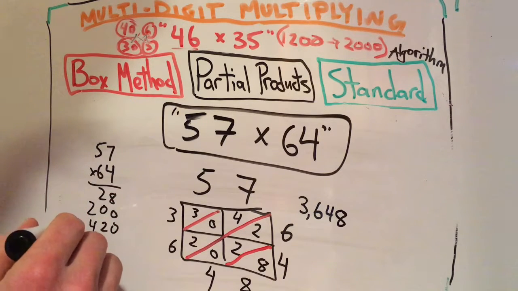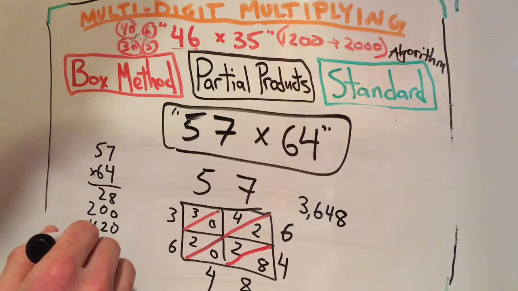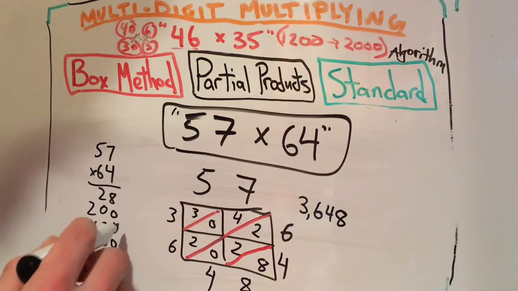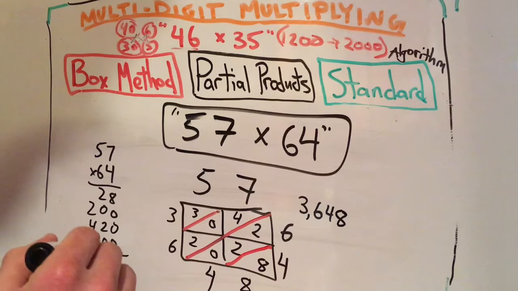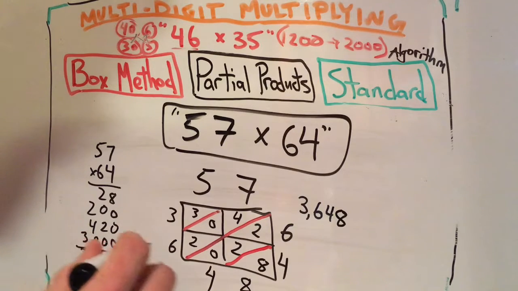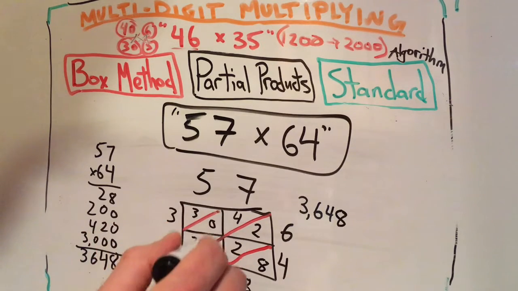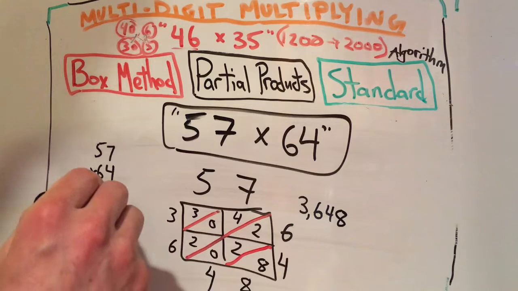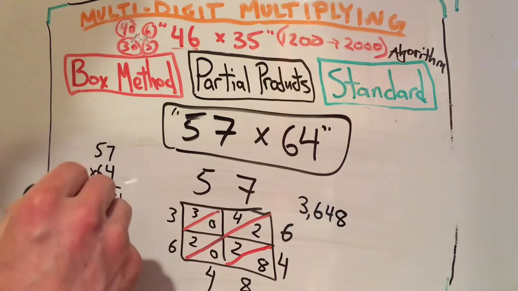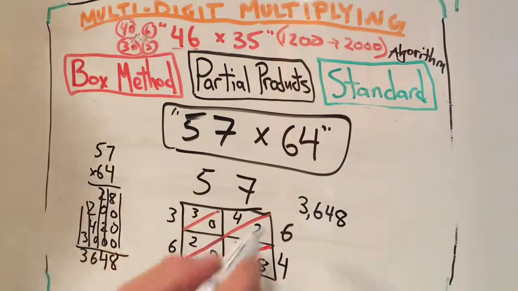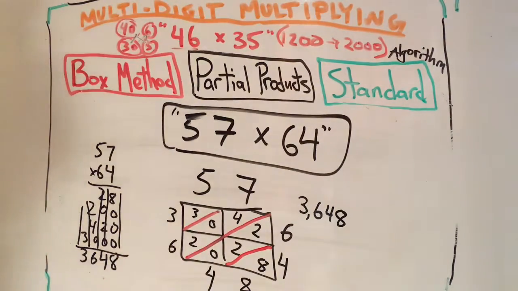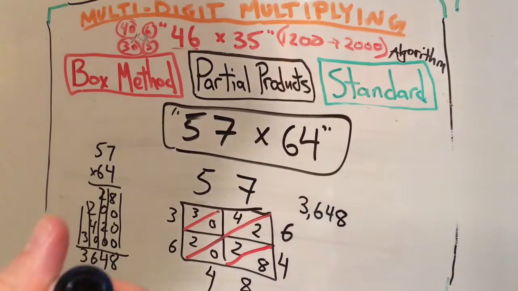And 50 times 60 is 3,000, which is 3 with 3 zeros. 8, 4, 6, 3. Interesting. Keeps all those place values just where they should be. And they're arranged that way for lattice. Oh, I'm starting to come around on the lattice method.